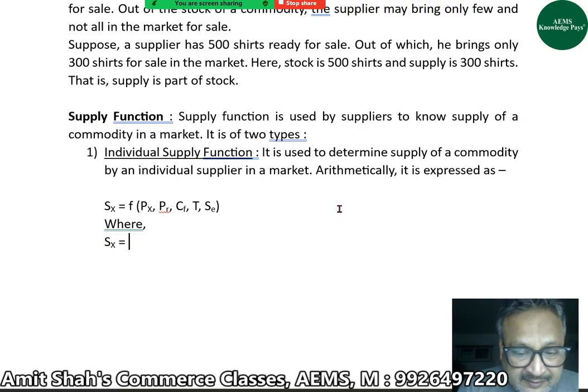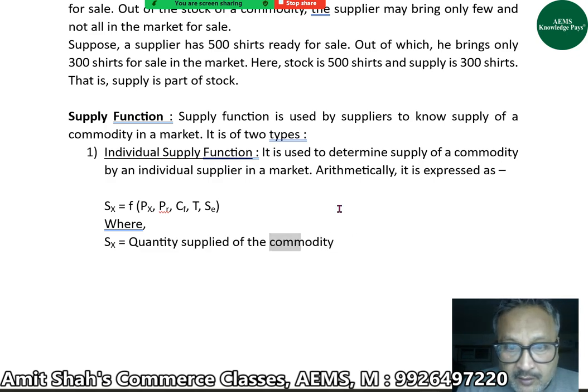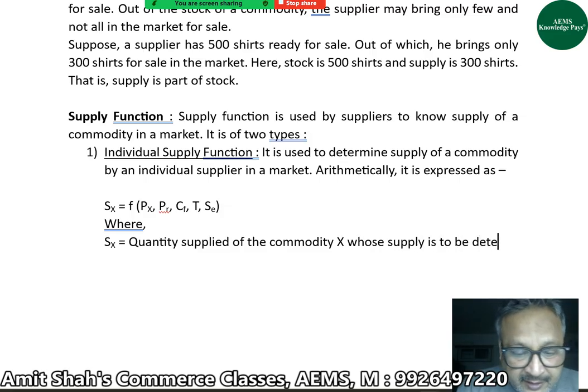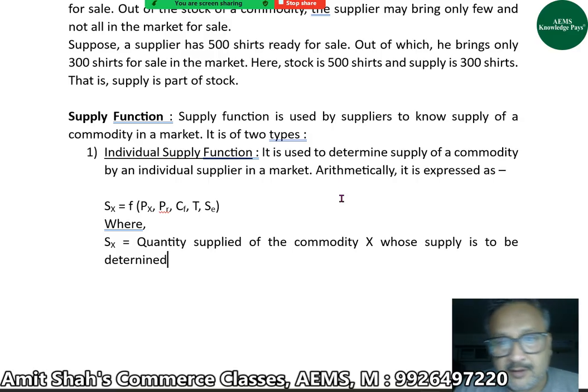So here Sx is quantity supplied of the main commodity X whose supply is to be determined. We will talk about Px later.